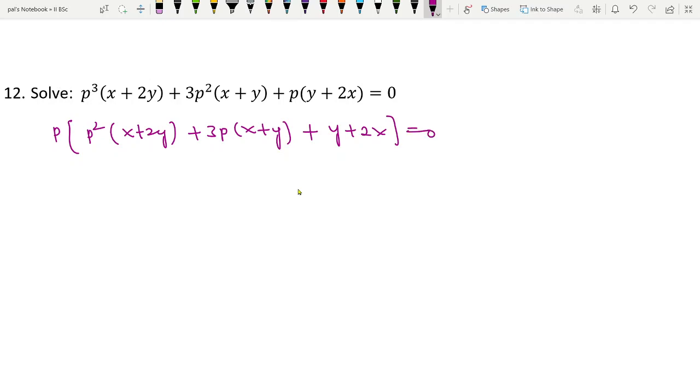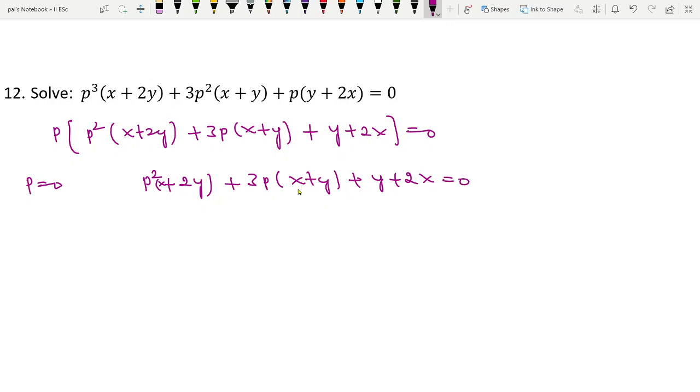So now you write this is p is equal to 0 and p square into x plus 2y plus 3p into x plus y plus y plus 2x, this is equal to 0.